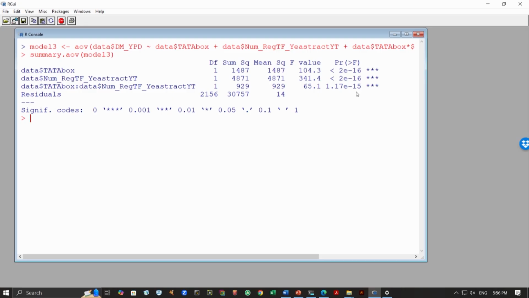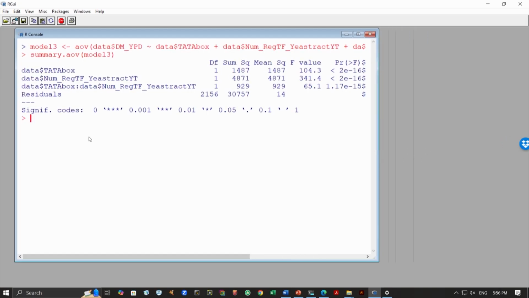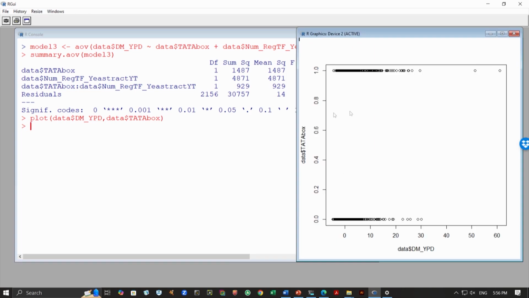How do we explore this? Maybe we want to first look into how DataBox and this DM YPD varies, and maybe we can use some very simple plots, as before. You can see this right here.